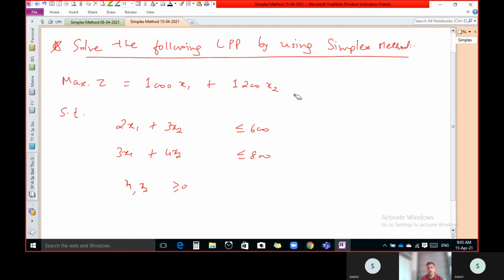Now simplex method is applicable for any number of variables, whether we have two variables or more than two variables. So let us take three variables here instead of two variables.